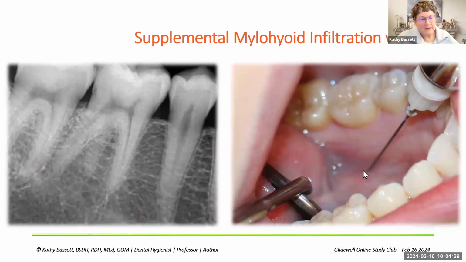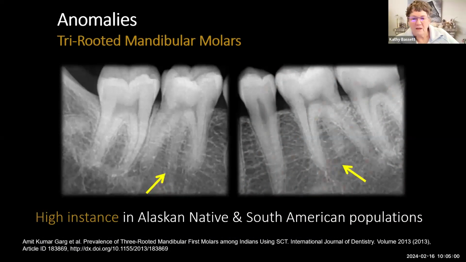And the last couple of things I'd like to share is this is also a time that myelohyoid infiltration can be critical. With a more common approach at the distal of the tooth of distress, we can capture those. But look at the image on the left. Both of these infiltrations can be applied for individuals presenting with this anomaly, and they are 3 rooted mandibular molars.